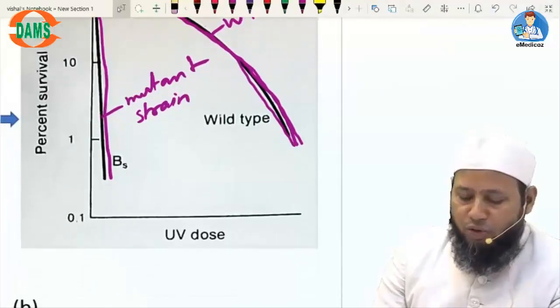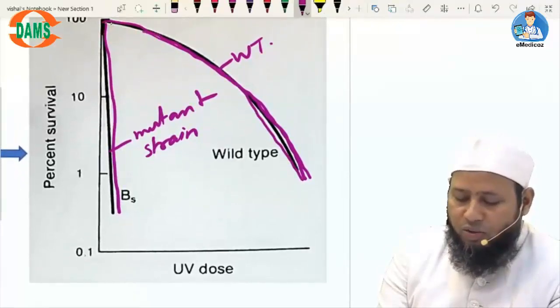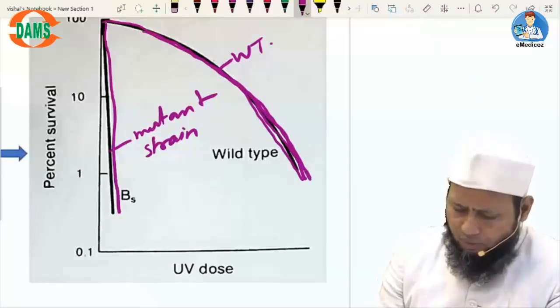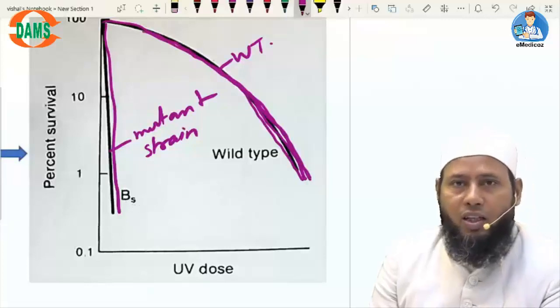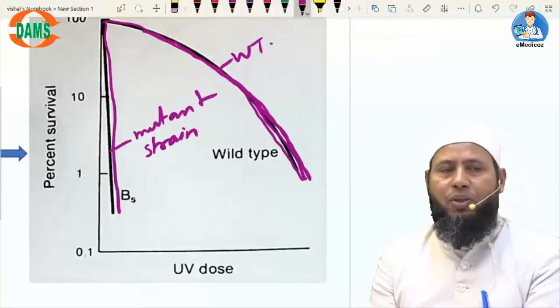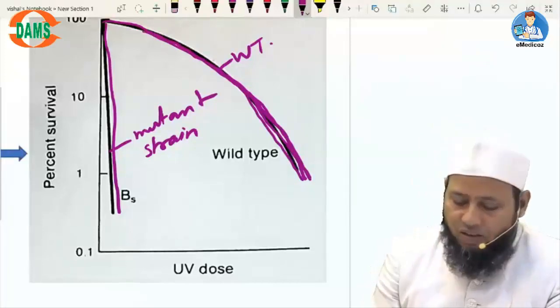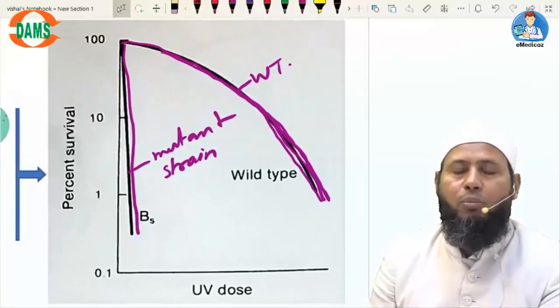What we see is that the wild type gives a gradual decrease in survival, while the mutant cells give a very acute, very steep or sudden decrease in survival. This means it is highly sensitive to the DNA damage or the presence of the mutagen.